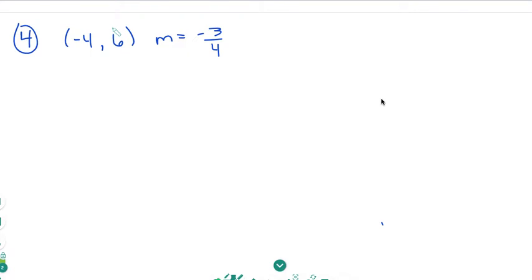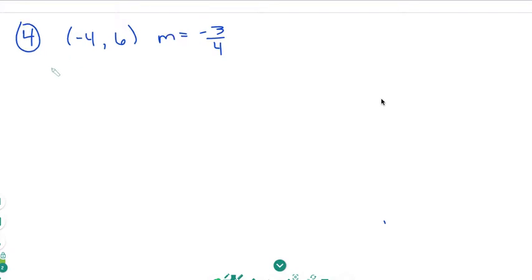Now we're going to take the information that we're given. We're given a slope and we're given an ordered pair. And we need to create a point slope form. So we're going to do that first. So our formula is going to be y minus y1 is equal to m times x minus x1.